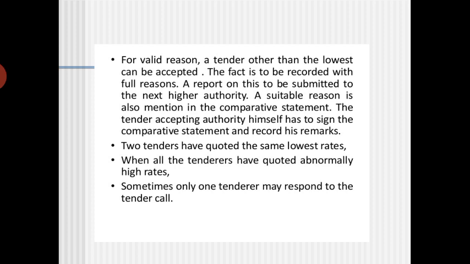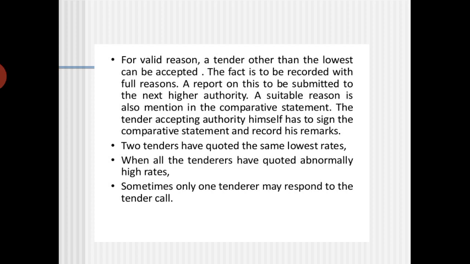I already said that during the tender opening process, many people will be there, two expert committee members, one from the contractor side and one from the company side. In that case, they have to sign why they are rejecting this lowest quotation.